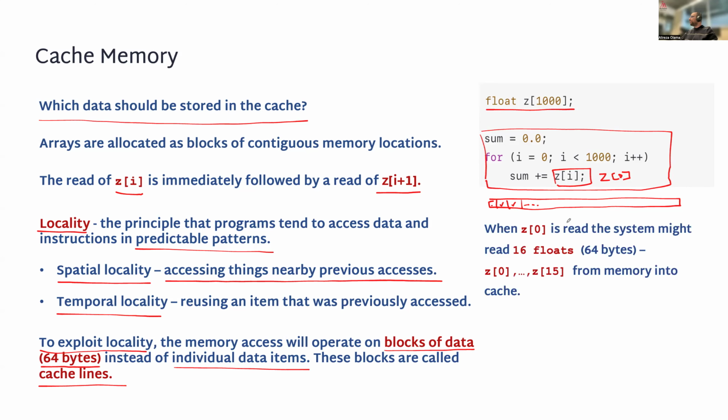In this example, when I read Z0, the system reads 16 floats, equal to 64 bytes. Instead of only reading Z0, I'm reading Z0 up to Z15, 16 floats from memory into my cache. This is a very important concept in low-level programming, because you have to be aware of these cache lines to make sure that you are optimizing your numerical performance.